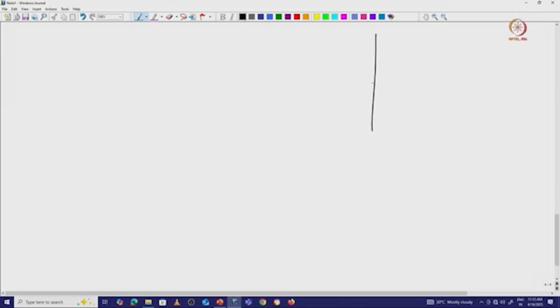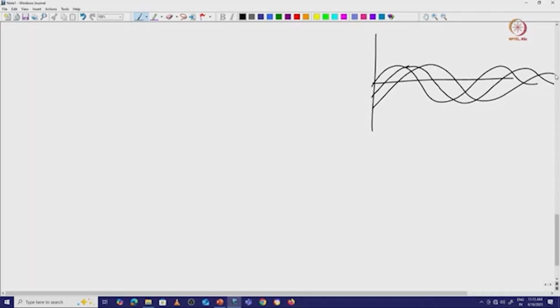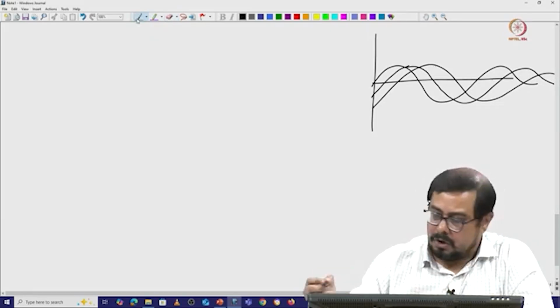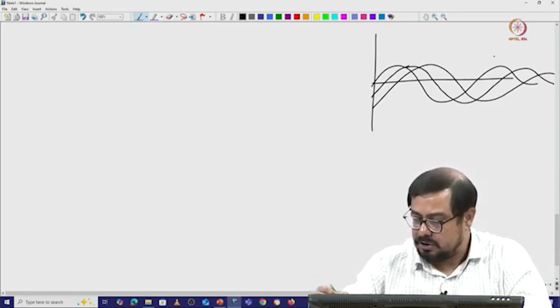In the last class I showed you waves going like this. It is a very simple way, nothing complicated, only one single wave, and when the wave propagates there will be a change like that. You can consider this the position of wave 1, then wave 2, then wave 3.